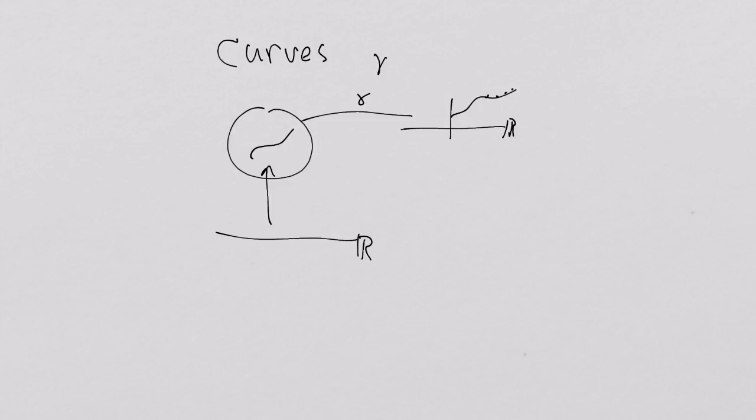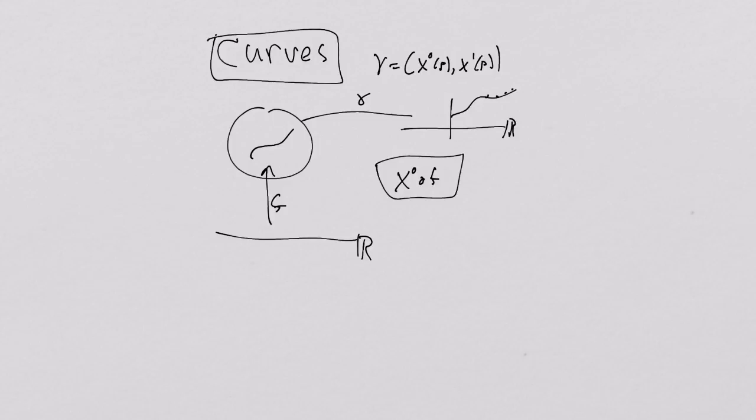If I understand gamma to be x0 of p and x1 of p, I can now talk about the x-coordinates of points on the curve using x0 composed with f, say. And we're going to use this a lot in our next lecture, because next lecture is about tangent spaces, and we're going to formally get into tangent spaces, and we're going to see how it's related to the idea of curves.